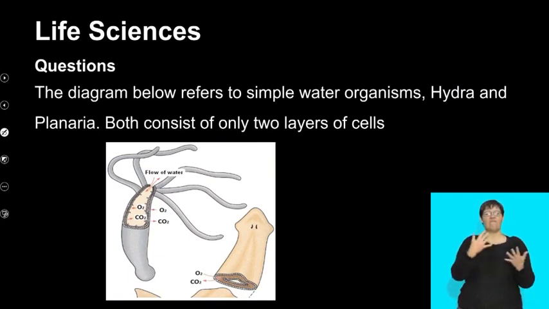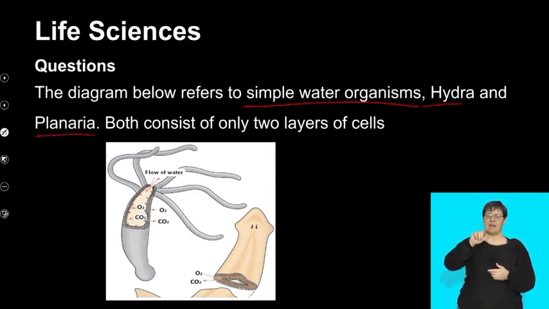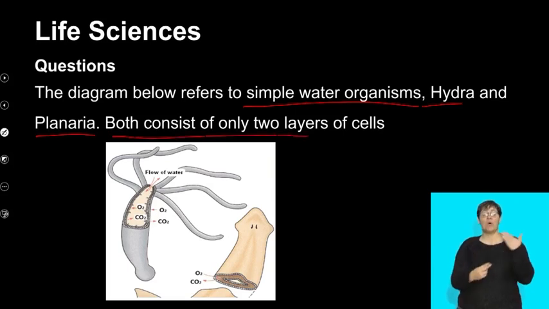Guys, just a quick question that I've put up on the board here. It's not too difficult. It says the diagram below refers to two simple water organisms, Hydra and a planaria. You would have been familiar with them when we looked at animal biodiversity. It says both consist of only two layers of cells.